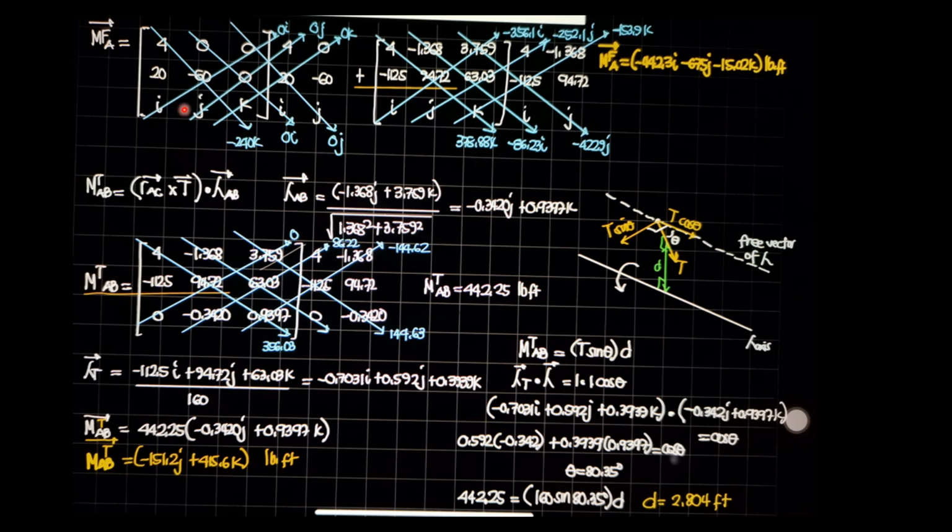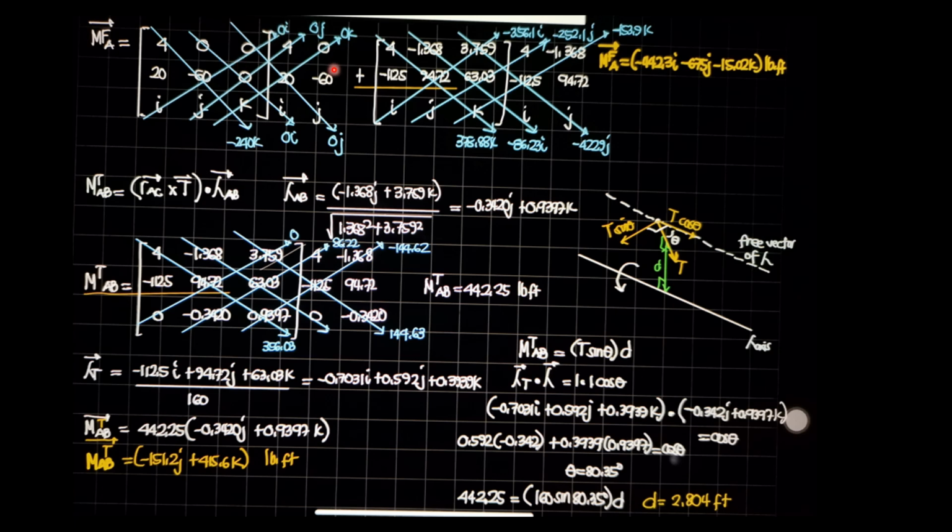So copy. Then IJK, copy the first two columns. So 4, 0, 20, negative 60, then IJ. So expanding I first, so 0, 0, so 0I minus 0I. So 0I for that case.